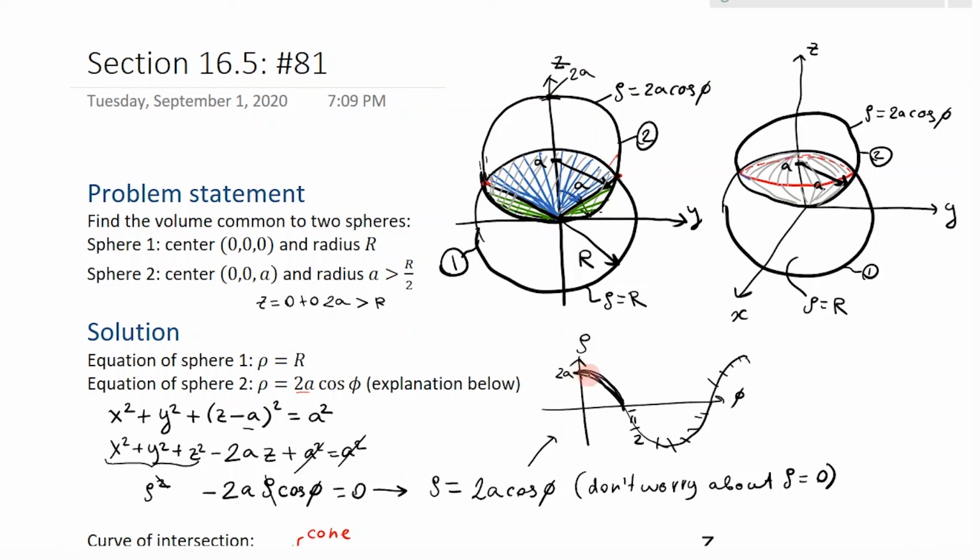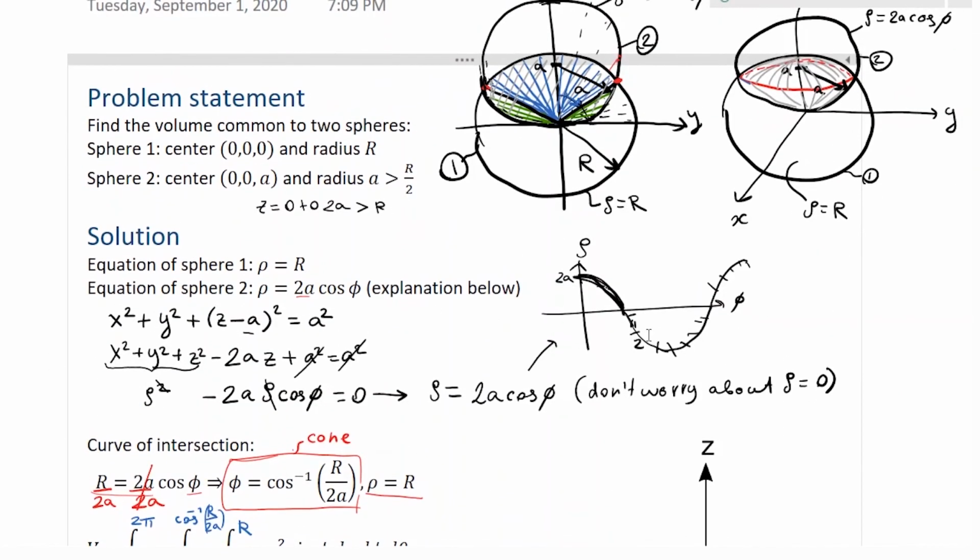Then when you increase your phi, rho starts becoming smaller and smaller until eventually, at angles closer and closer to pi over 2, your distance from the origin becomes closer and closer to 0. So you see how going up to pi over 2 is what you need to describe this entire sphere. You shouldn't go any further because you've already described the whole surface of the sphere with just the interval 0 to pi over 2. And if you go further, you're probably going to double count something.